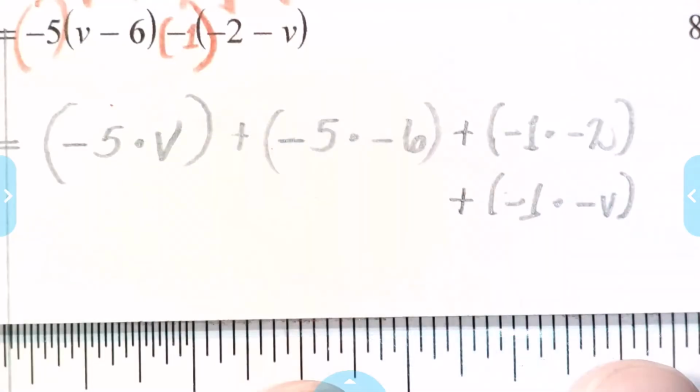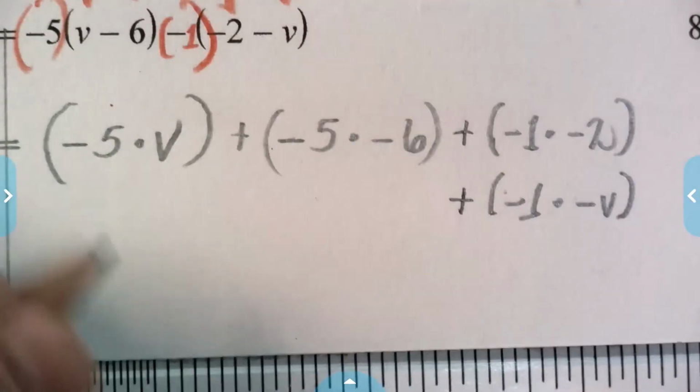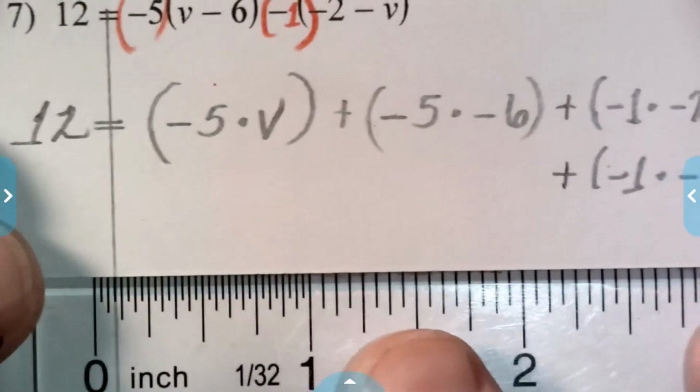I'm going to put it here. Negative 1 times negative v. Kind of run out of room there. Okay, so when we rewrite it, it'll be a lot less space.